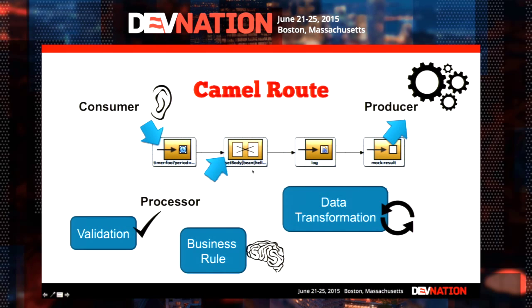What this processor does is you could inject anything inside. You could have data validation, or you could do business rules or data transformation within these intermediate processors. With validations, you could write your own code. The beauty of Camel is that it is really, really easy to customize.